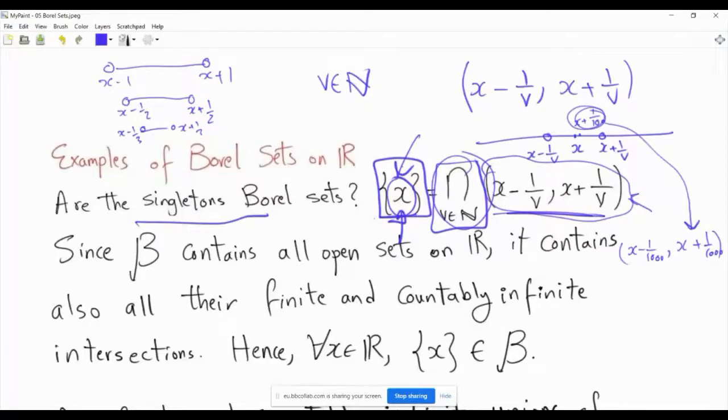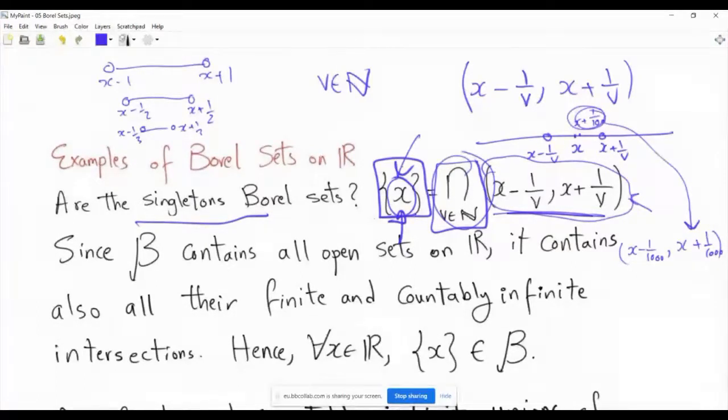Because you can take the singletons, and by the rules of a sigma algebra, all the finite and countably infinite unions and intersections are there. For example, the rational numbers are there. Why? Because the rational numbers are a countably infinite set.